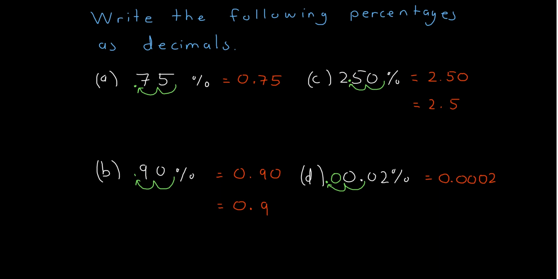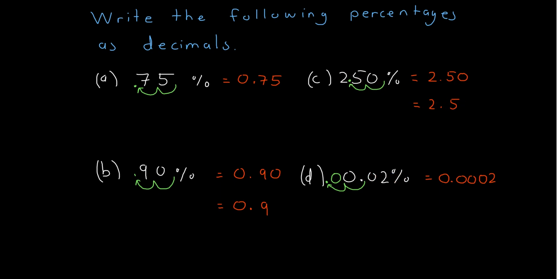250%, well, 2 spots to the left again, and I get 2.50, which, as I explained before, is the same as 2.5. And the final one, we had 0.02%.